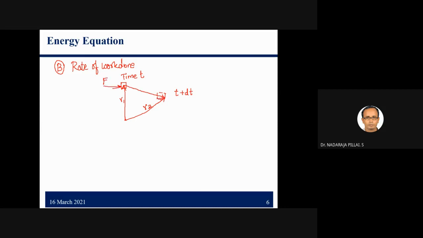So the force exerted on the moving body. Here we need to write the rate of doing work on the moving body.